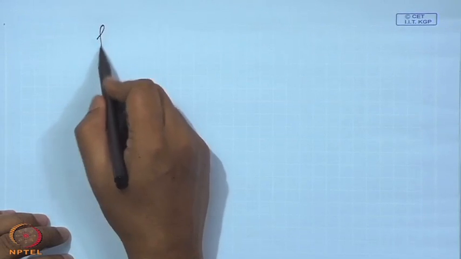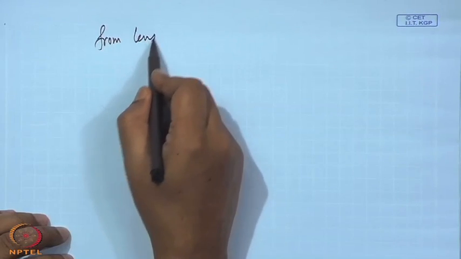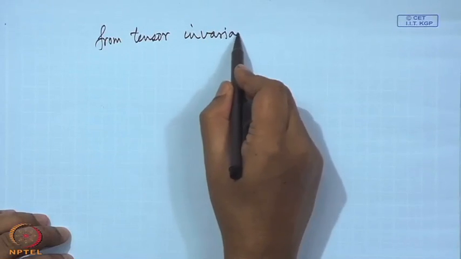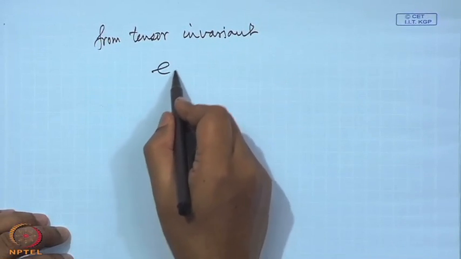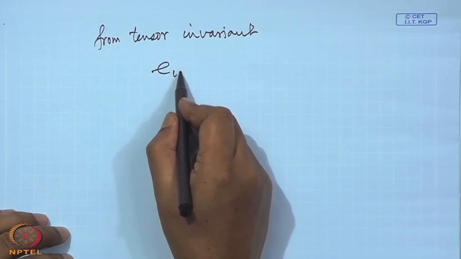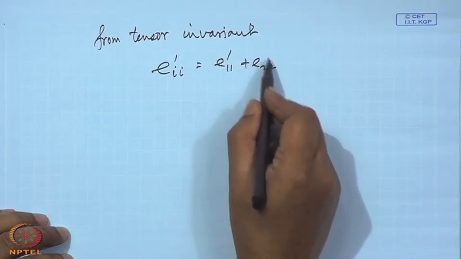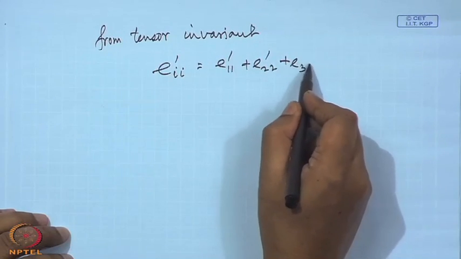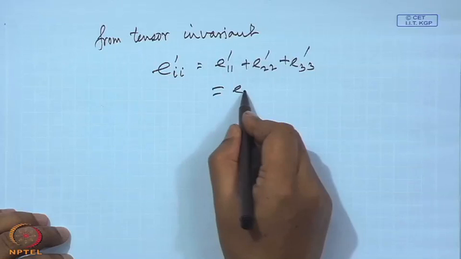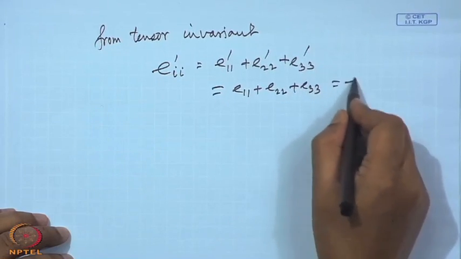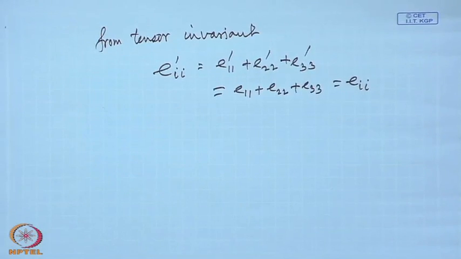From the tensor invariant, e_ii prime, that is e_11 prime plus e_22 prime plus e_33 prime, is the same as e_11 plus e_22 plus e_33, which is equal to e_ii. We have already seen what it is.